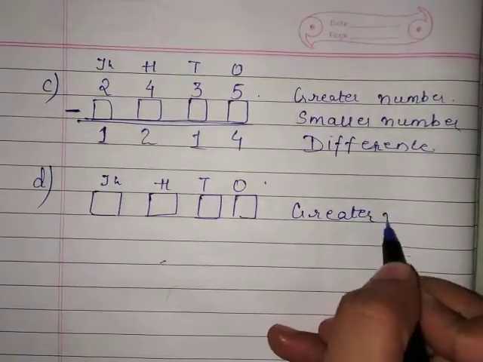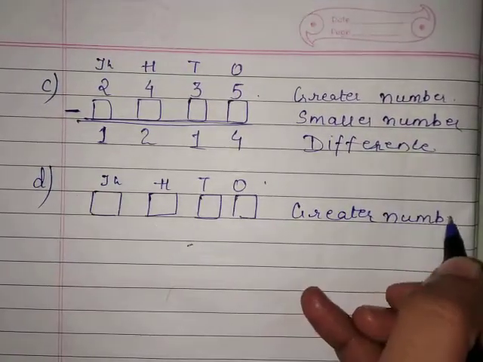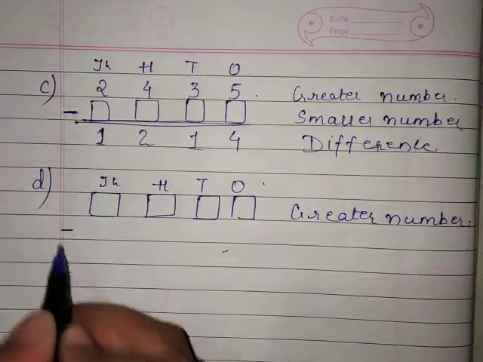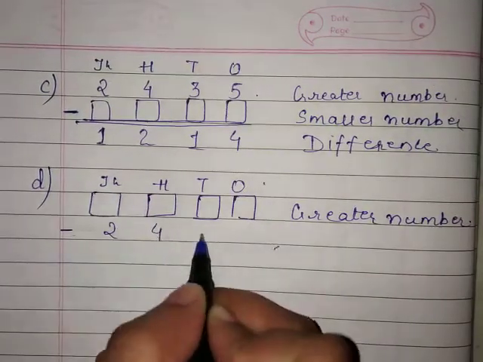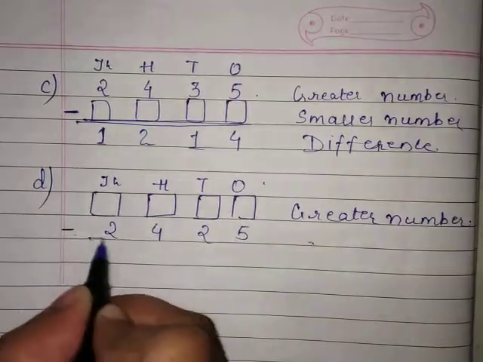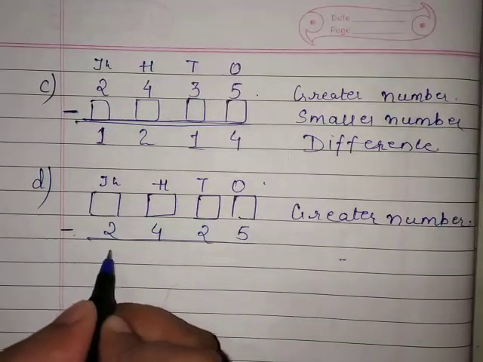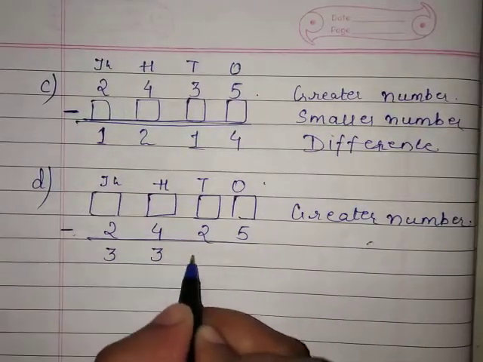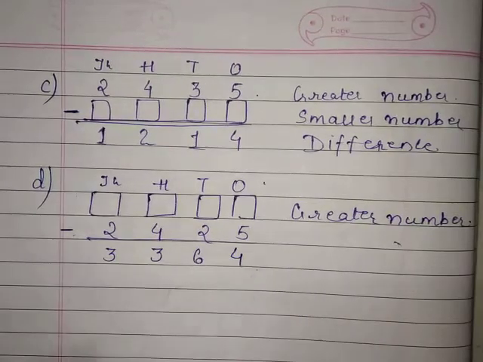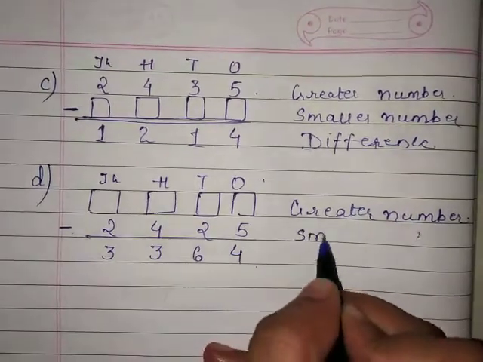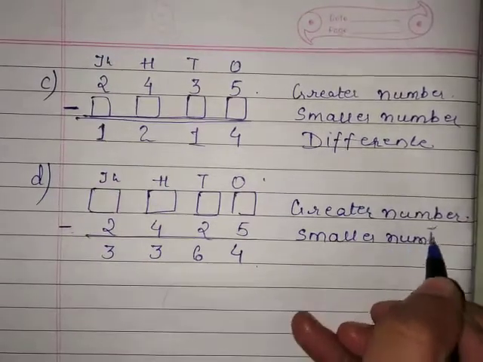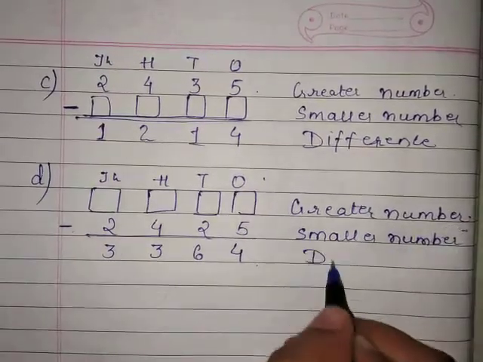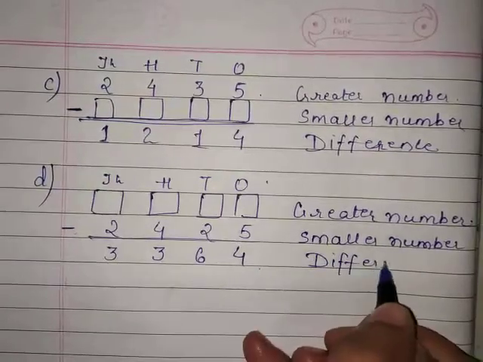Alright. Then there is the smaller number. Then there is the difference. So here first we have to write the smaller number and then we will write the difference.